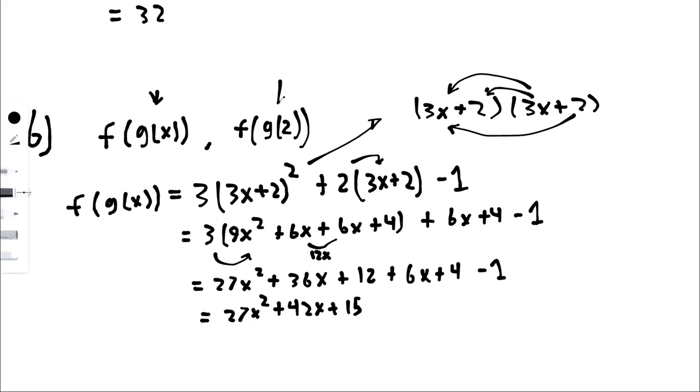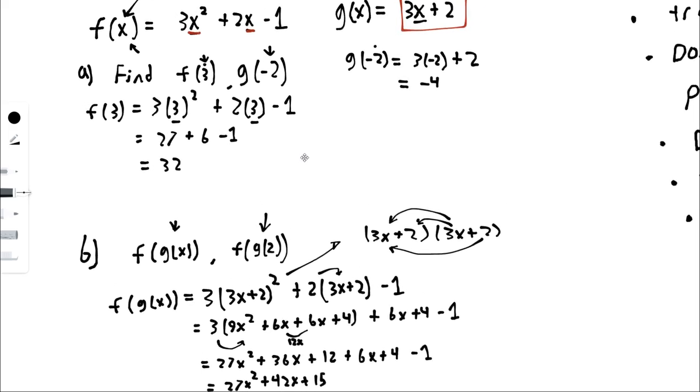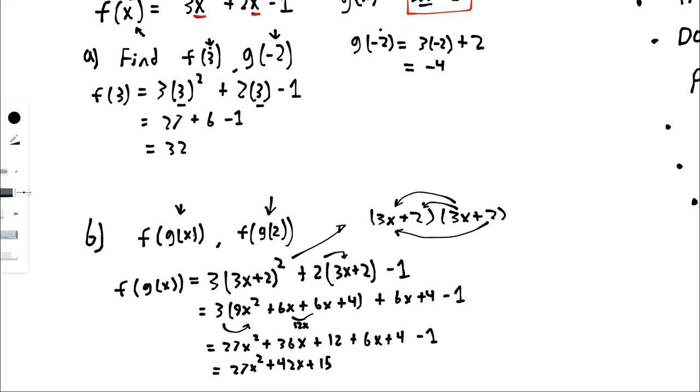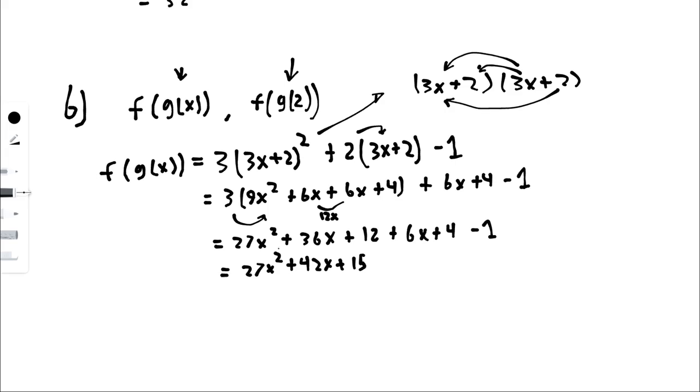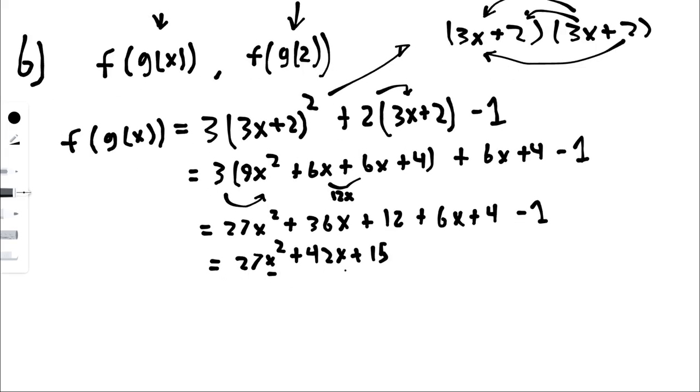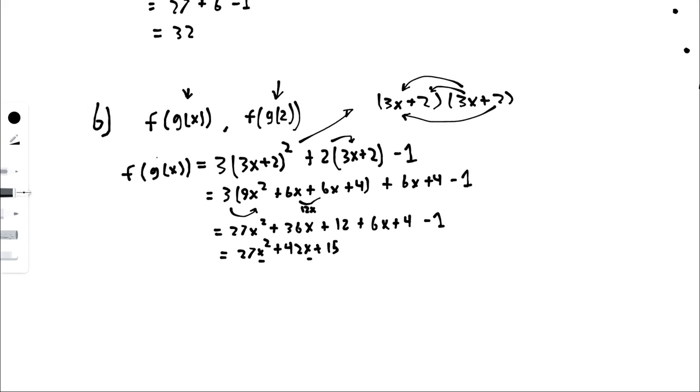The next part here is f of g of 2, which is a little bit more difficult because now we're not just setting x to anything. x actually has a value. Where we're at right now, it'd be very easy to just replace all these x values with 2 and then figure out what that equals. But on the exam, there probably wouldn't be a question asking you to do this first step right before.